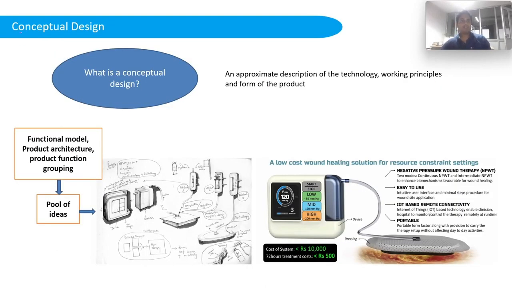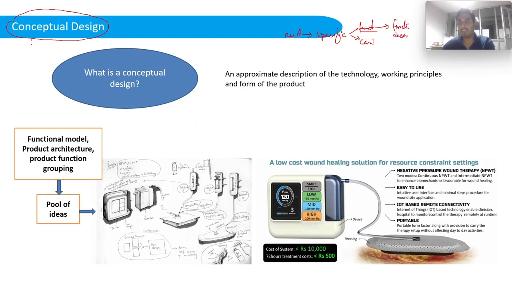So in today's class, we'll be talking about something called conceptual design, which is the next phase and a very important phase of your product design process. So what we did so far was, initially we come up with the customer need, then we come up with specifications, then we identify what the constraints and what the functions are, and we did a functional decomposition, right?